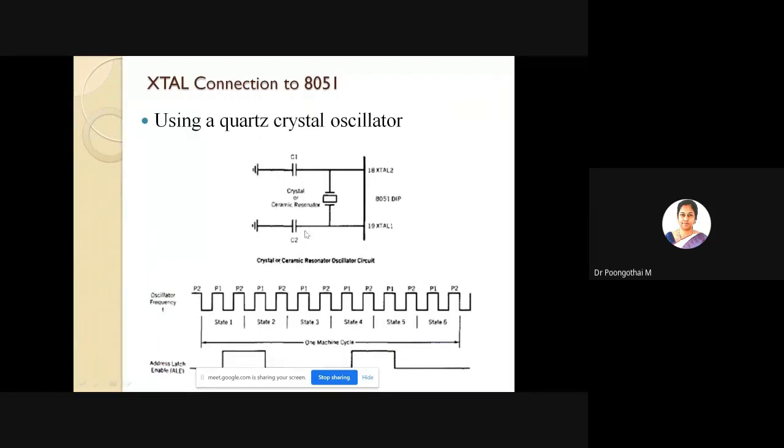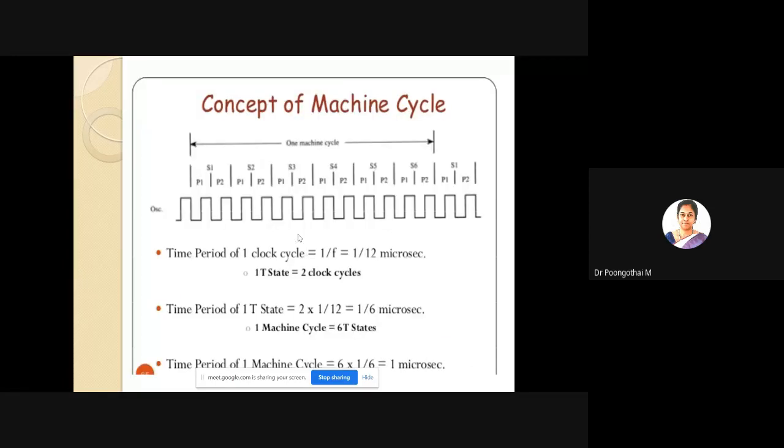All the operations are synchronized based on your clock input. Two terms are very important to understand 8051 operation: machine cycle and T state. Machine cycle means the time required to transfer data to or from memory or IO ports. Here, totally 12 clock cycles.